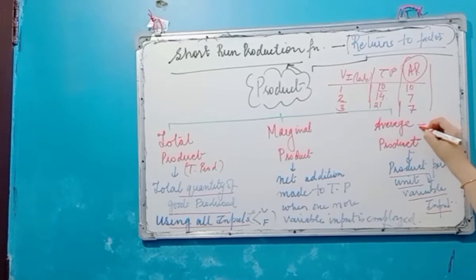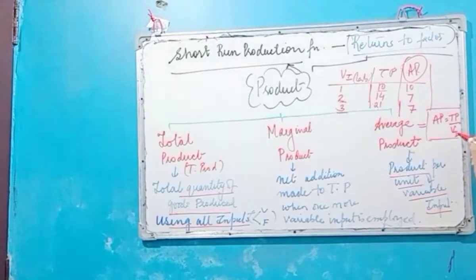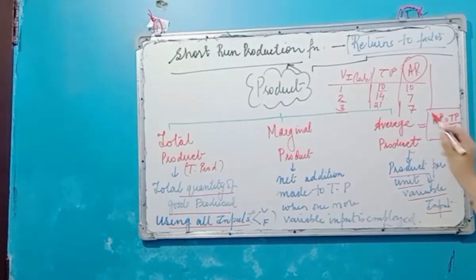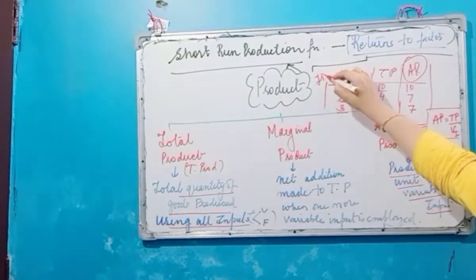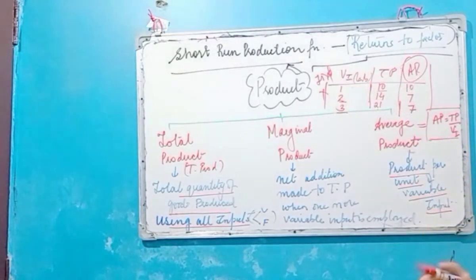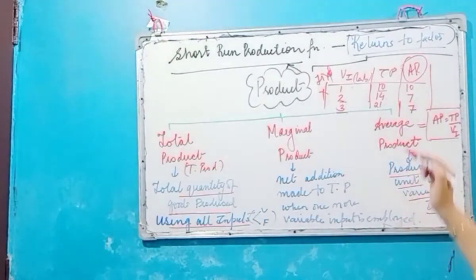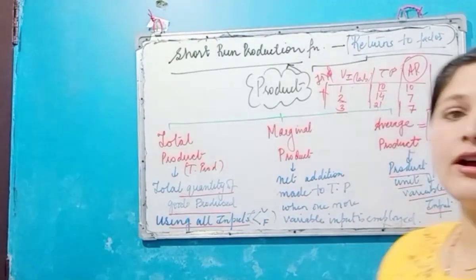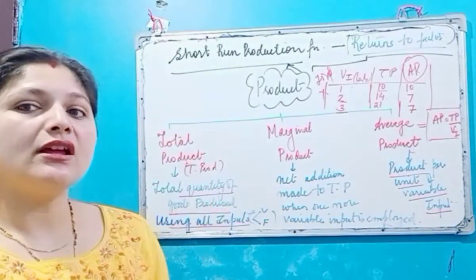So average product can be calculated as AP equals TP upon variable input, VI. VI means variable input, so you need to divide total product by variable input. Fixed input has no importance here. We need to find out the production by each variable factor.